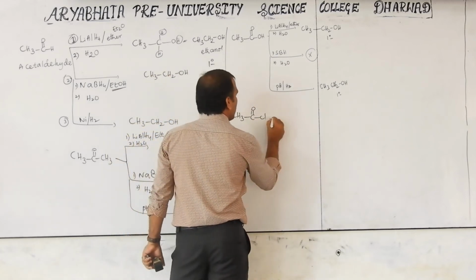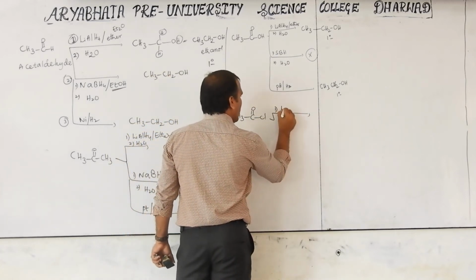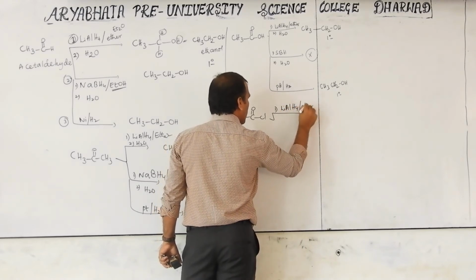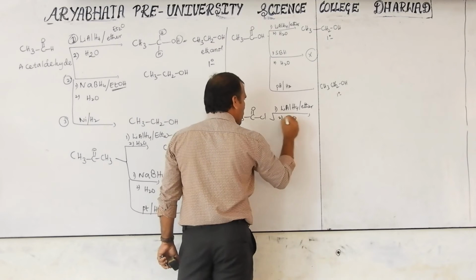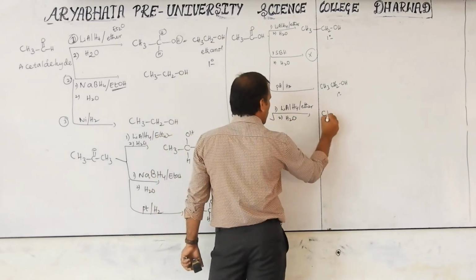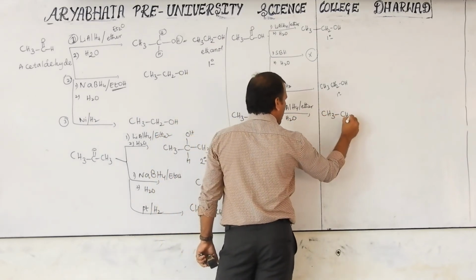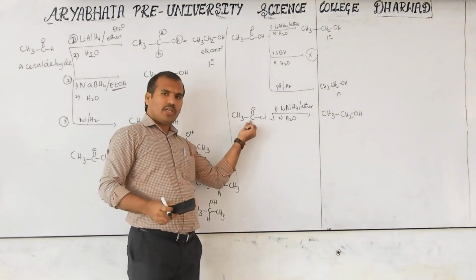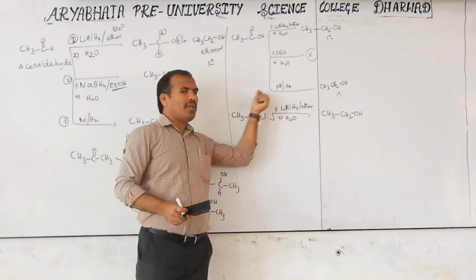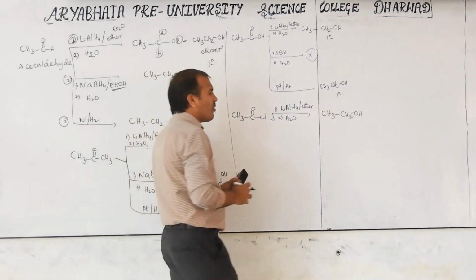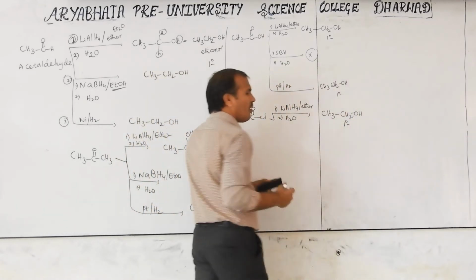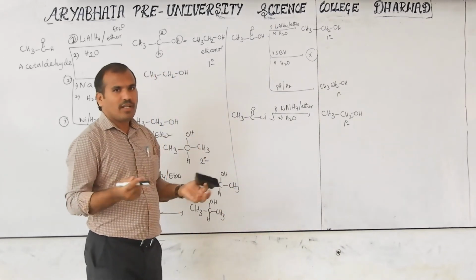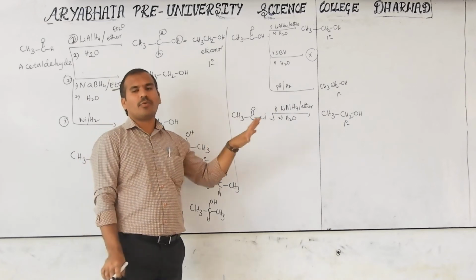In this case, again the first one is lithium aluminum hydride in ether solvent, and the second step is water. Here also two carbons are there, CH3CH2OH, and the Cl will be eliminated. Here also we form a primary alcohol. Mechanisms exist for all these, but if I write one reaction only, one day will be complete. That's why I am not dealing with the mechanism.